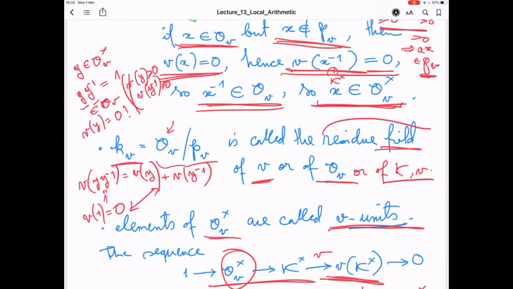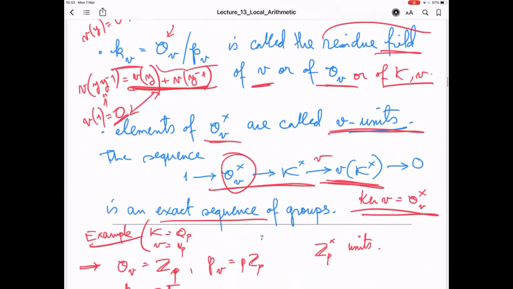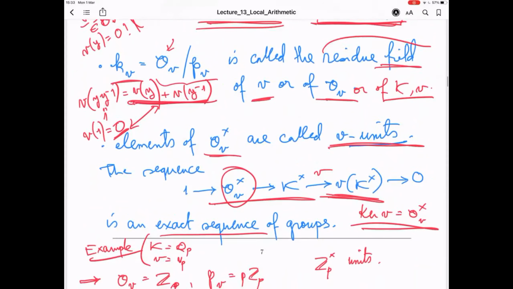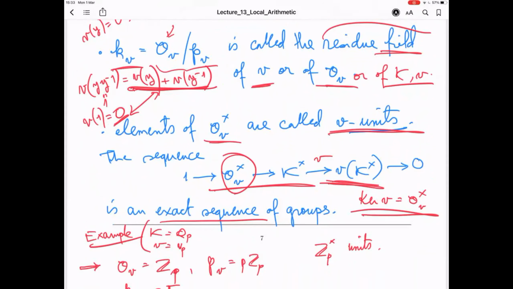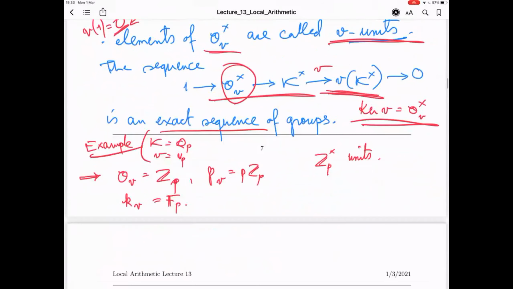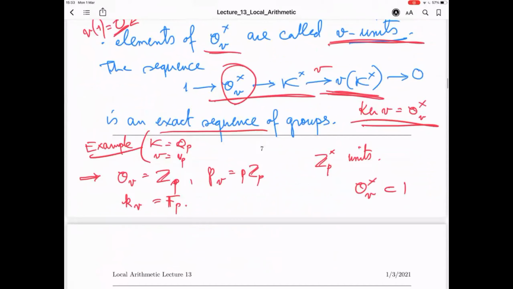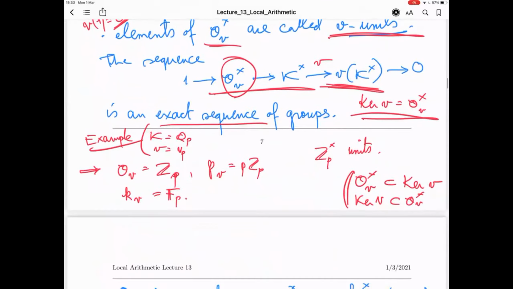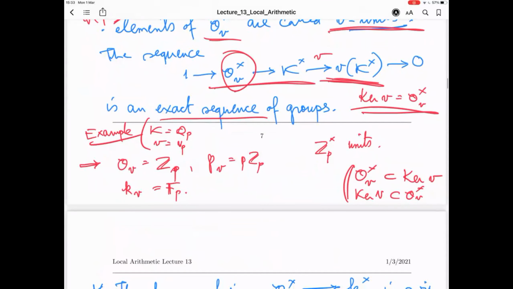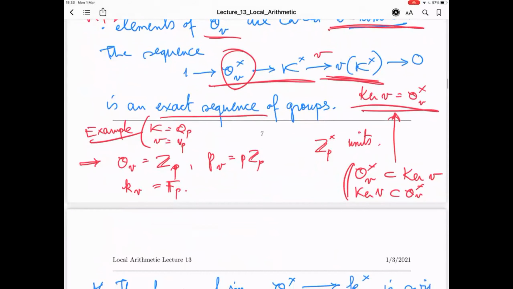So these are two positive numbers whose sum is 0, so both of them have to be 0, and that shows that OV star is contained in the kernel of V. That the kernel of V is contained in OV star, we have shown earlier, and therefore we have both inclusions, and therefore you get this equality.